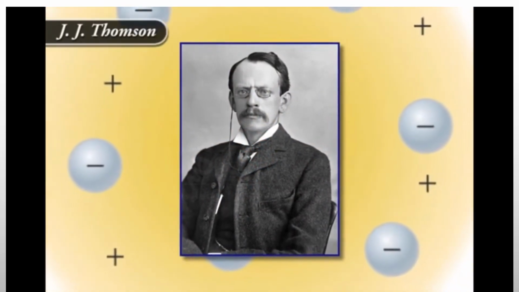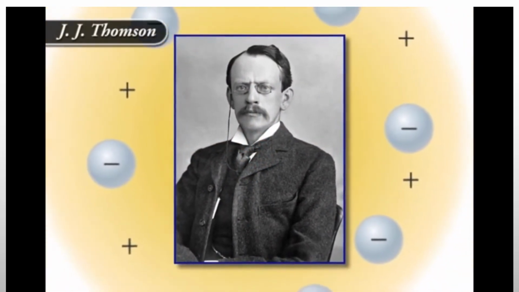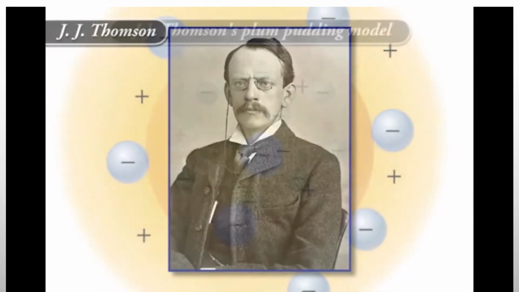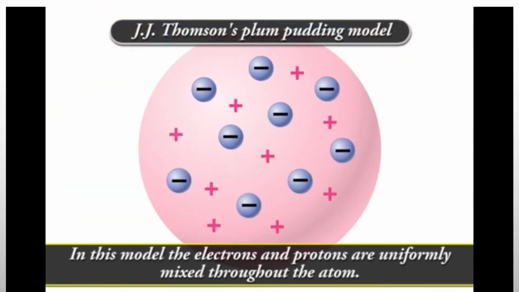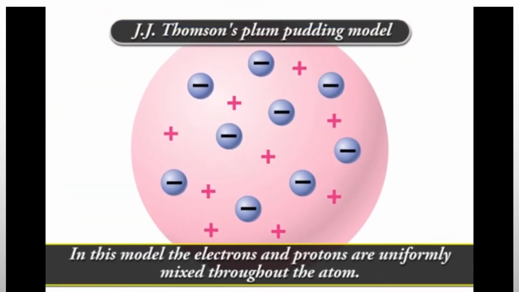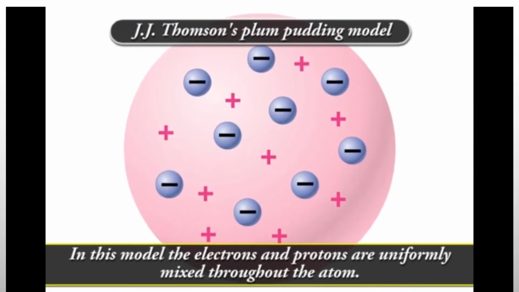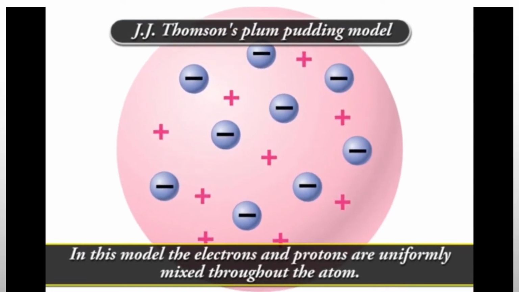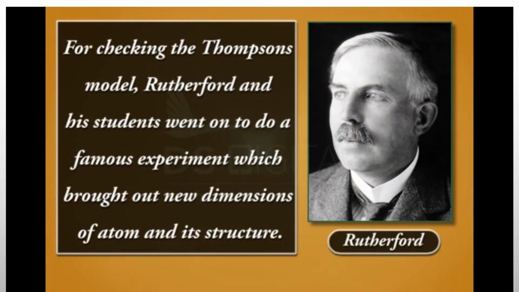J. J. Thomson suggested the plum pudding model. In this model, the electrons and protons are uniformly mixed throughout the atom. For checking Thomson's model, Rutherford and his students went on to do a famous experiment which brought out new dimensions of the atom and its structure.